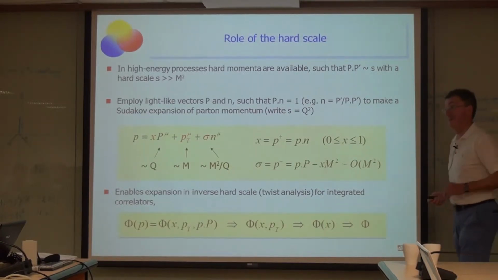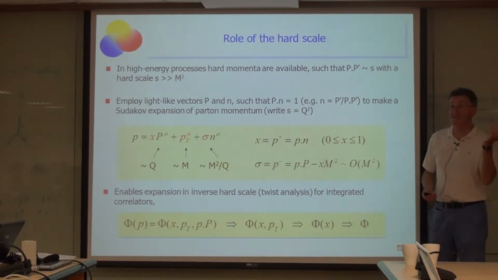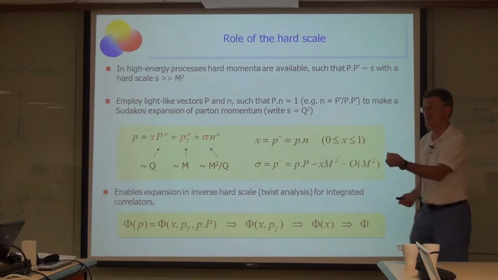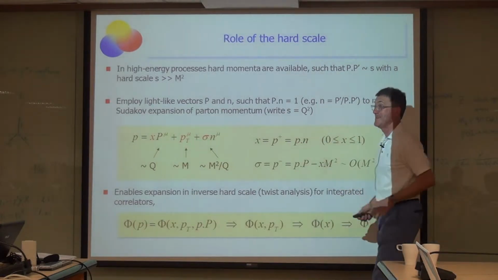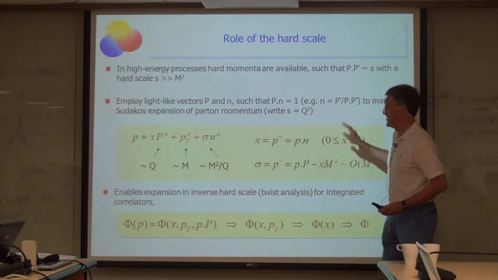So it's not x0 squared minus x3 squared, but it's x plus times x minus. That's how the light cone variables work and how their product works.